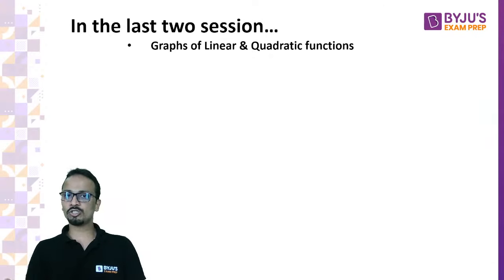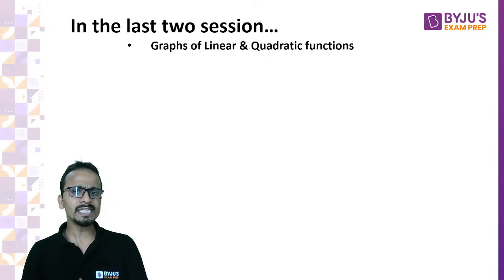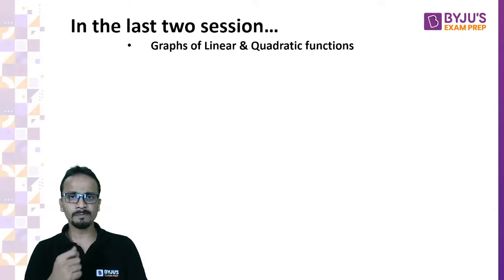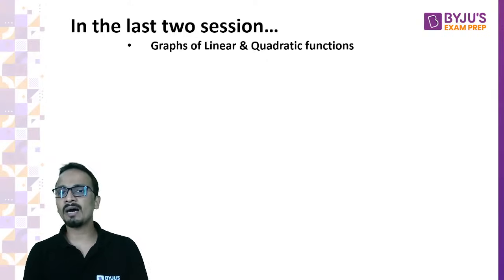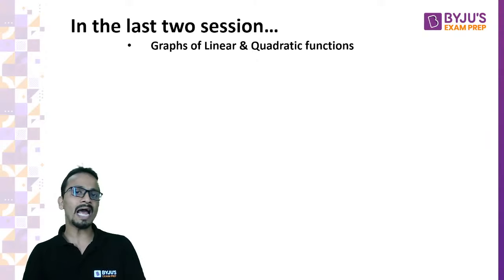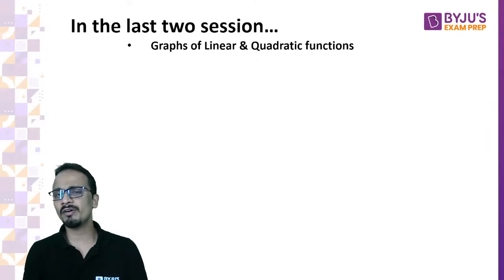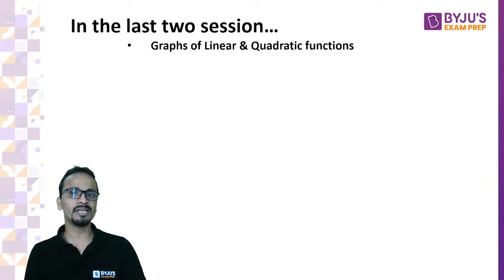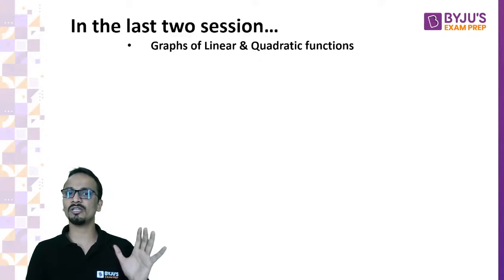Also in yesterday's session we have seen three different types of parabolas. If the graph is an upward opening parabola in case of quadratic, it may lie completely above the x-axis, it may touch the x-axis at a single point, or it may intersect the x-axis, depending upon the value of the discriminant. We have already discussed all these things.